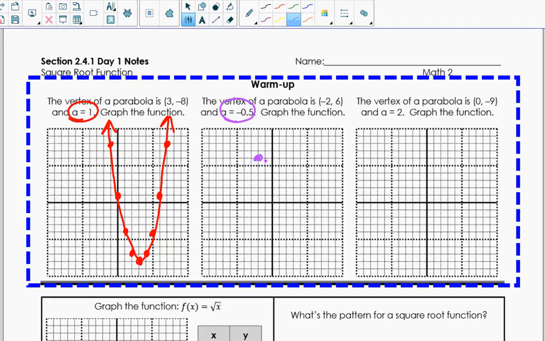So over 1, down a half, over 1, down a half, over 2, down 2 instead of 4, over 2, down 2, over 3, down 4.5, over 4, 1, 2, 3, 4, down 8, over 5, in this case we can keep going, down 12.5, and then I think we run out of room. So then we just need to use our symmetric point, or you can count, it doesn't matter.